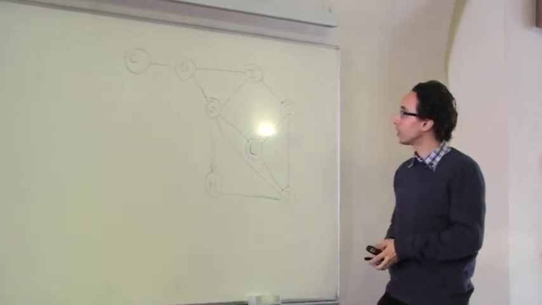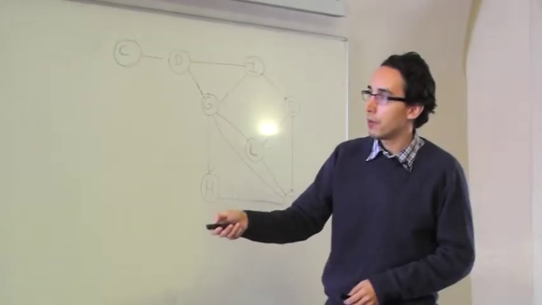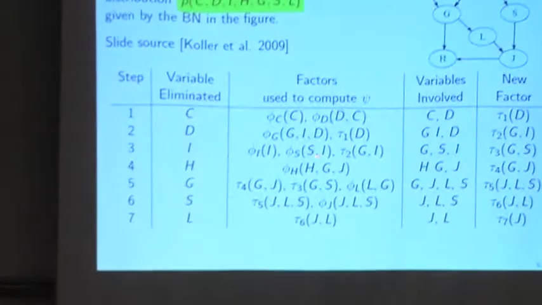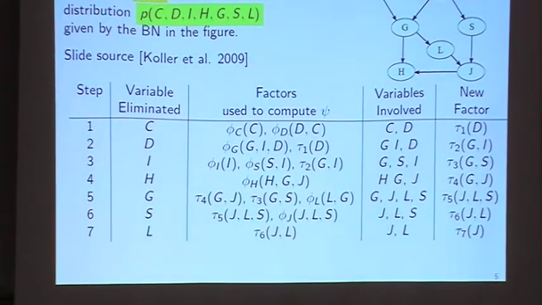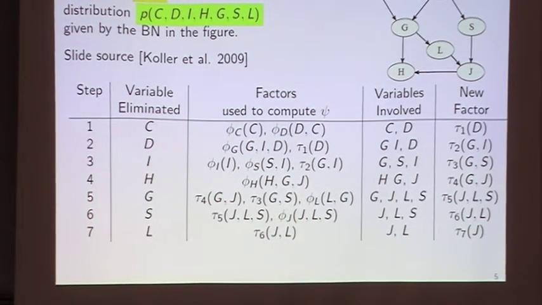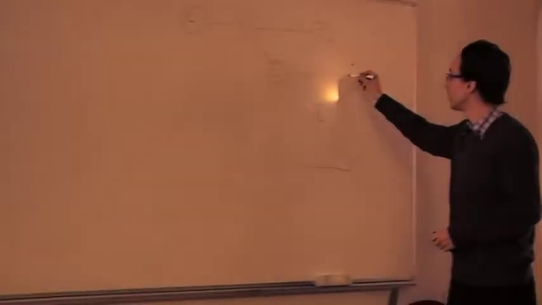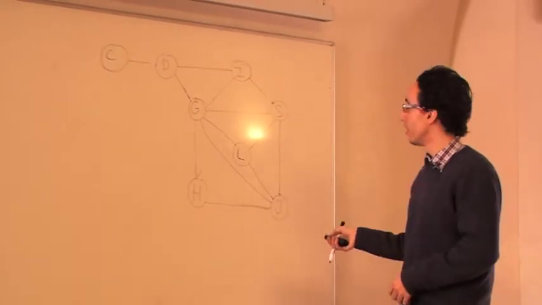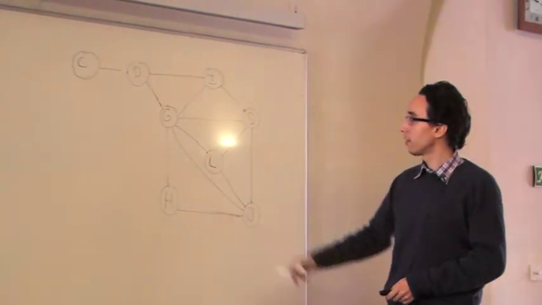And I am connecting them because when I eliminate a variable I am multiplying the factors that contain the variable S and the variable G. I will create a factor psi that depends on those variables, and I should connect them. So I will add this edge. The next variable to be eliminated is variable H. So I have to connect all the neighbors of H, which are already connected.